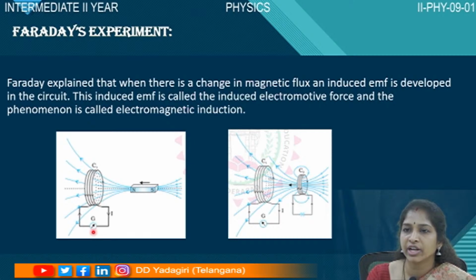There is a deflection in the galvanometer. And he immediately moved this magnet away from the coil. Then he observed that the galvanometer is showing the deflection in the opposite direction. And in both the cases, there is a change in the magnetic flux. So EMF is generated in this coil and further it produces current.